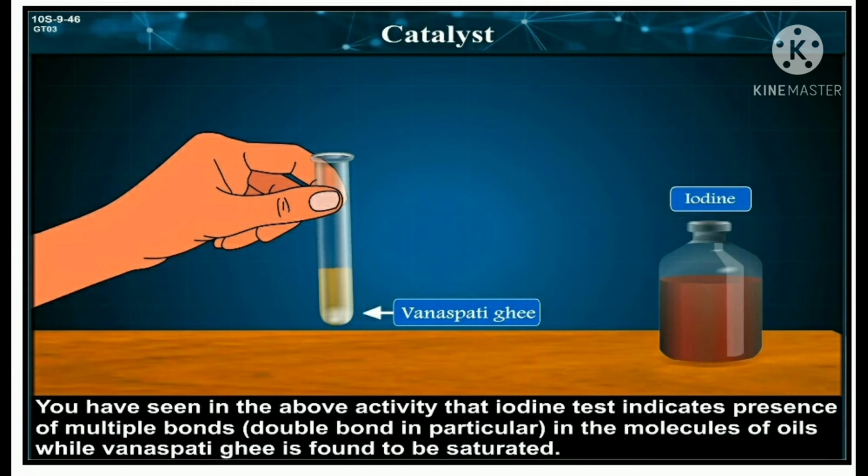You have seen in the above activity that the iodine test indicates presence of multiple bonds, double bond in particular, in the molecules of oil, while vanaspati ghee is found to be saturated.